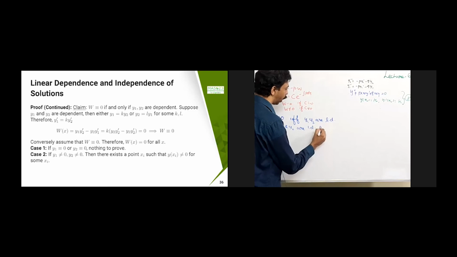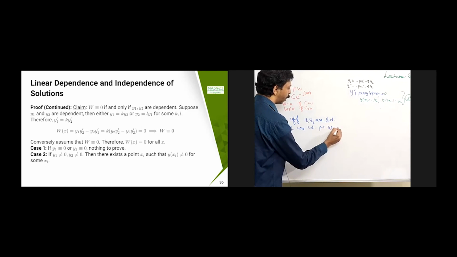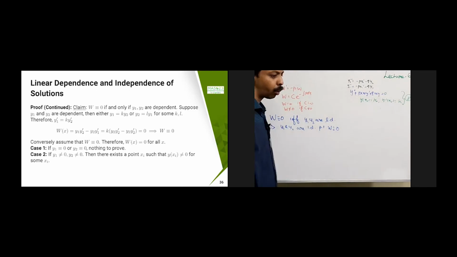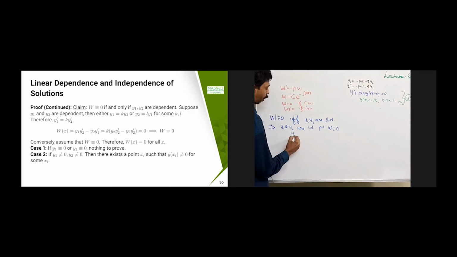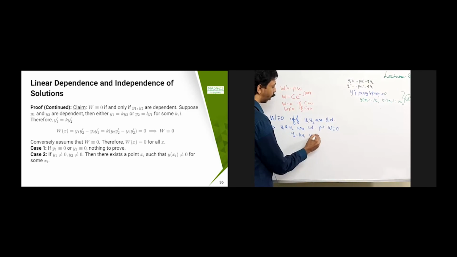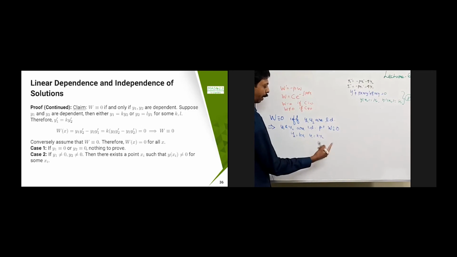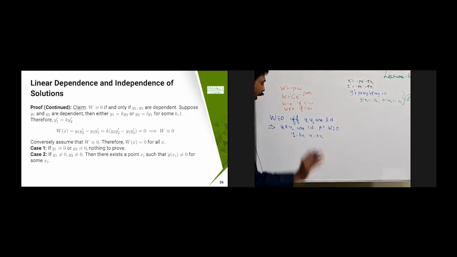Then we have to prove that W is identically 0. Since y1 and y2 are dependent, as we already proved a few minutes before, we can take y2 equal to ky1, or y1 equal to ky2. Then you can find that the Wronskian is 0, identically 0, therefore that part is true.